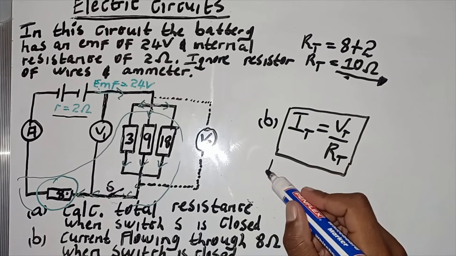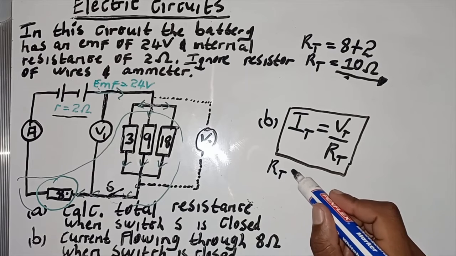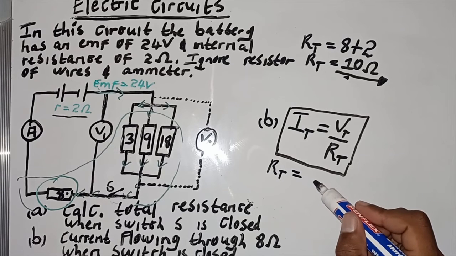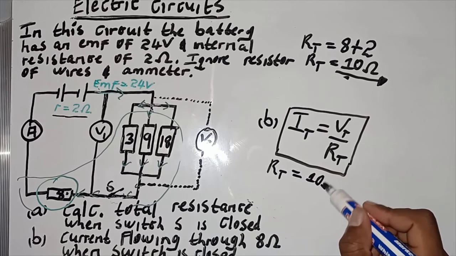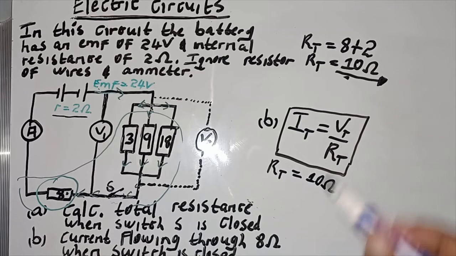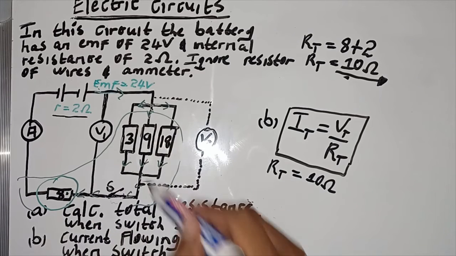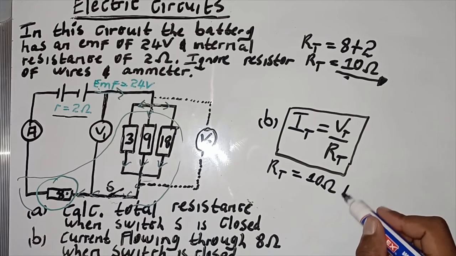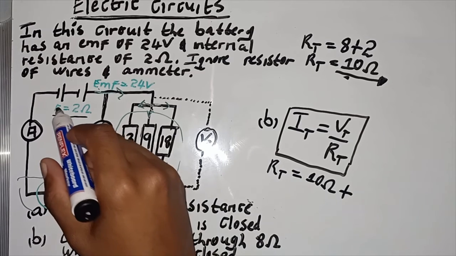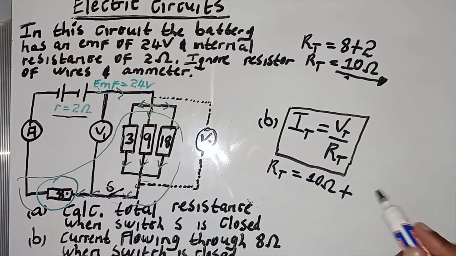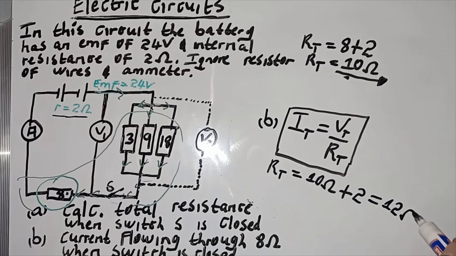So RT is going to be the same as 10 ohm. So this 10 ohm is this 10 ohm of this resistor and this resistor, and then we must combine it with the internal resistor, okay, plus 2, which is the same as 12 ohms.